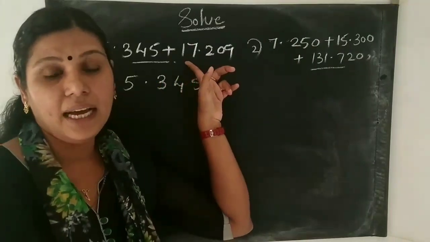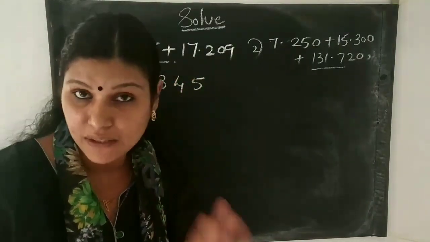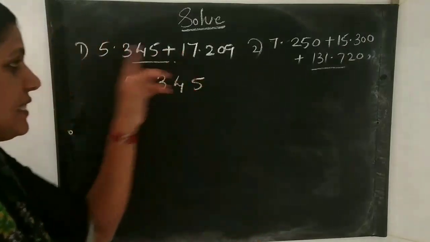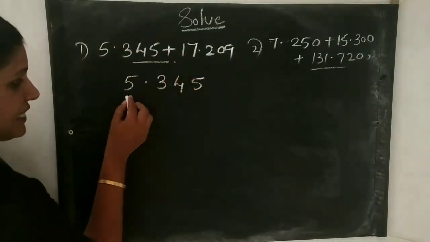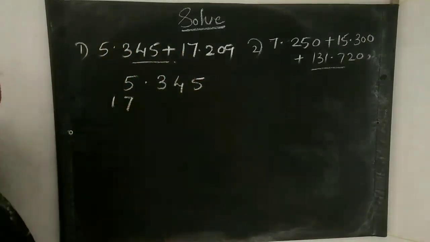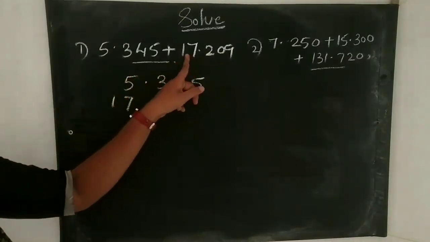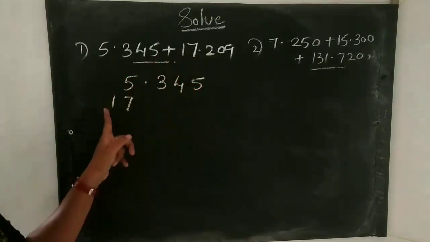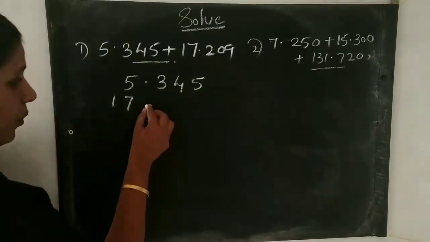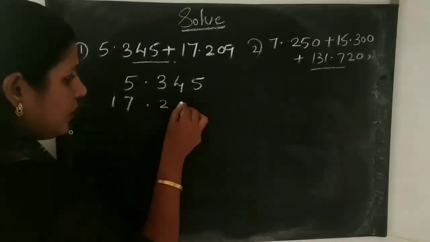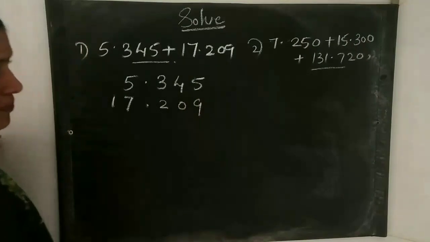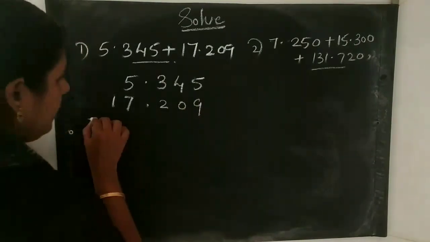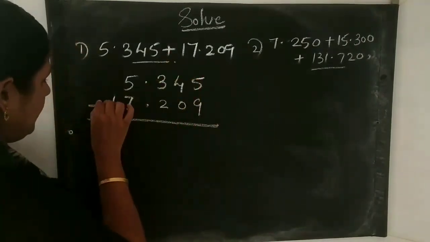You should write the numbers in the correct place value. Okay, 17. How to write this 17? 17, like this. 7 is in ones, 1 is in tens. So 17.209. Okay, children. Now here the sign is plus.